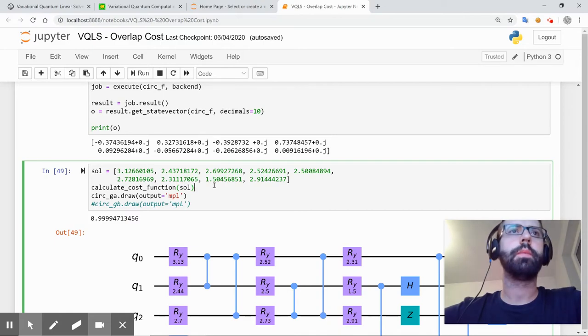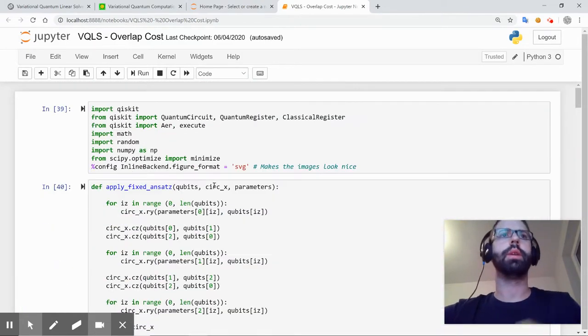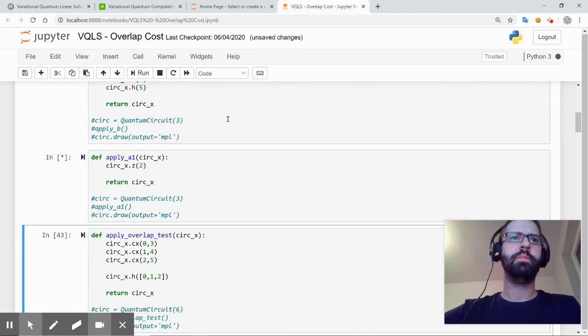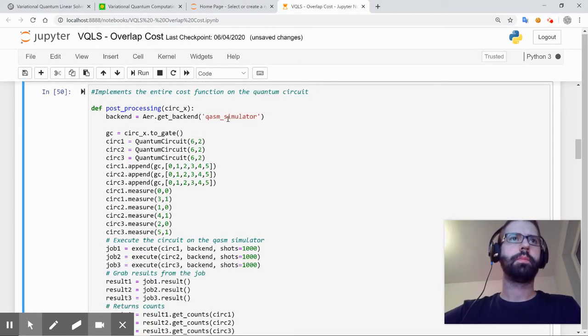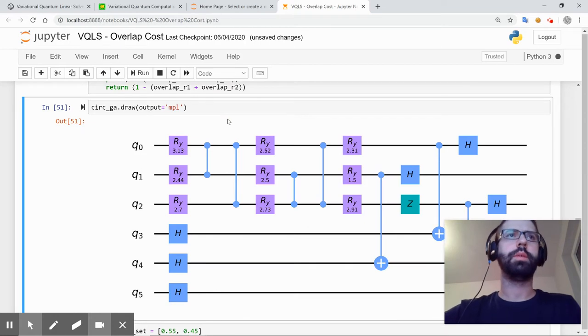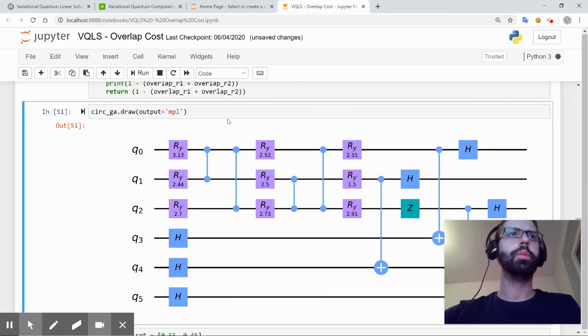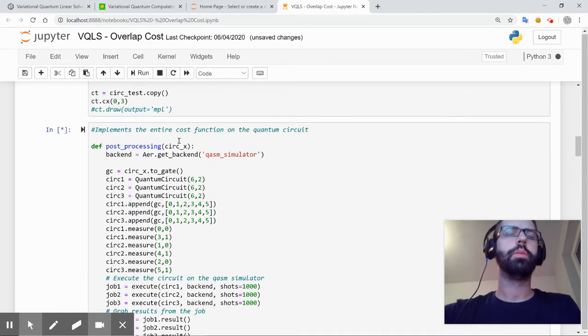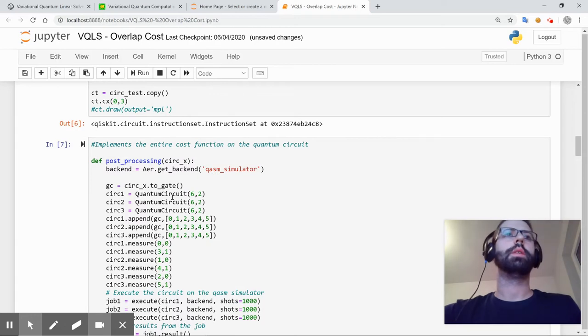Yeah. Should I rerun everything? Probably. Post processing.